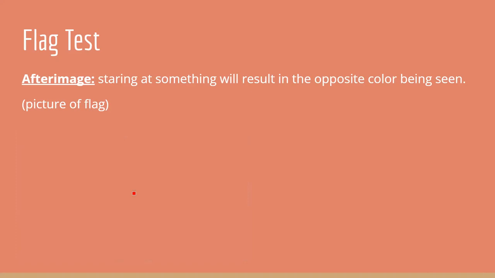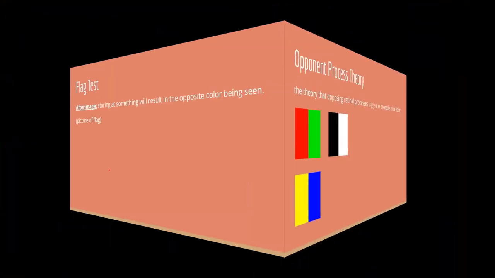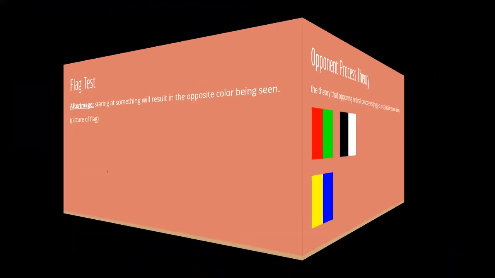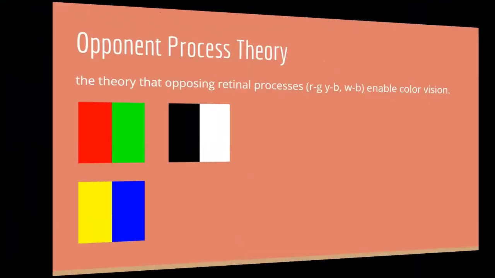You may see a red, white, and blue typical British flag, and that's because of the after image. Opponent process theory is the theory that opposing retinal processes, red-green, yellow-blue, white-black, enable color vision. And this is what proves this after image thing.